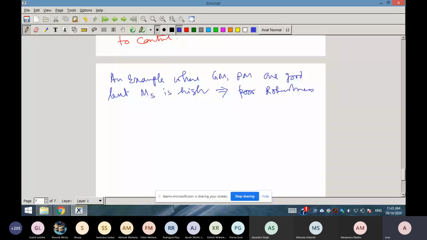Okay, so that example I will tell you. So this is the system. Just L(s) means here the controller I have incorporated inside.